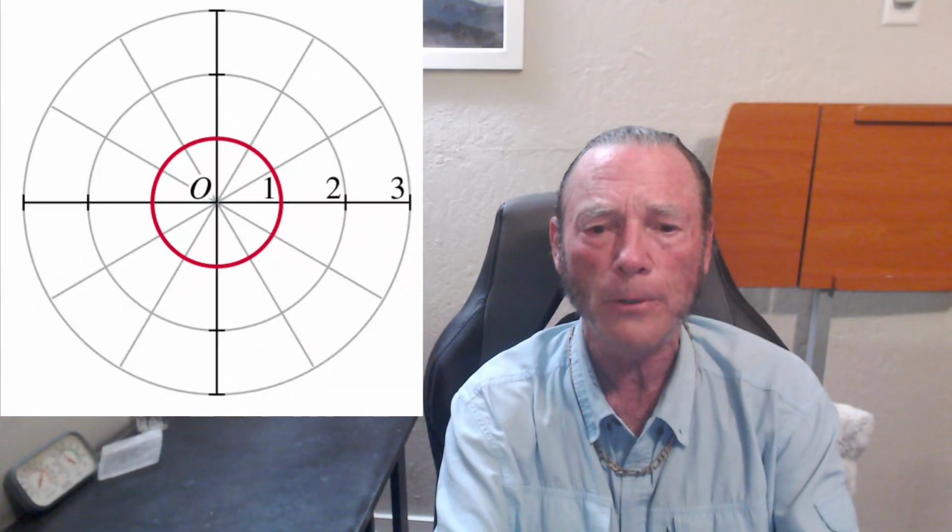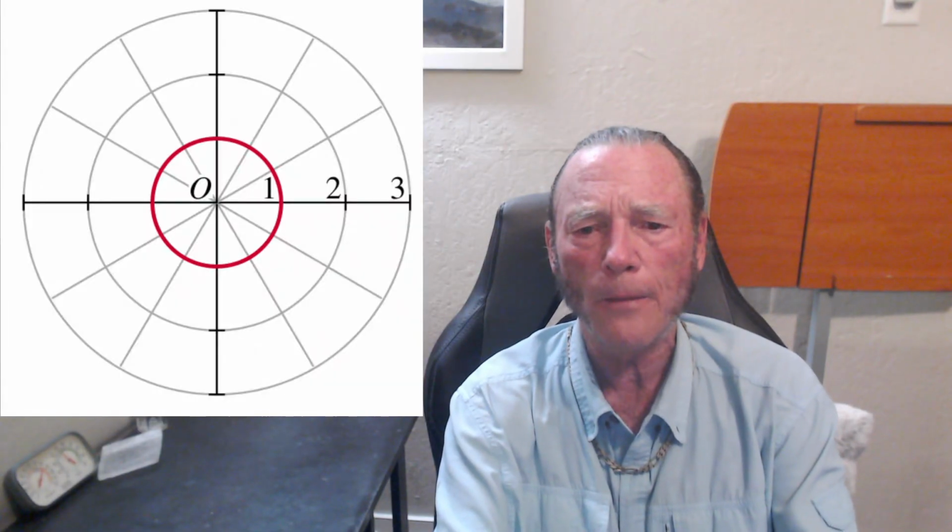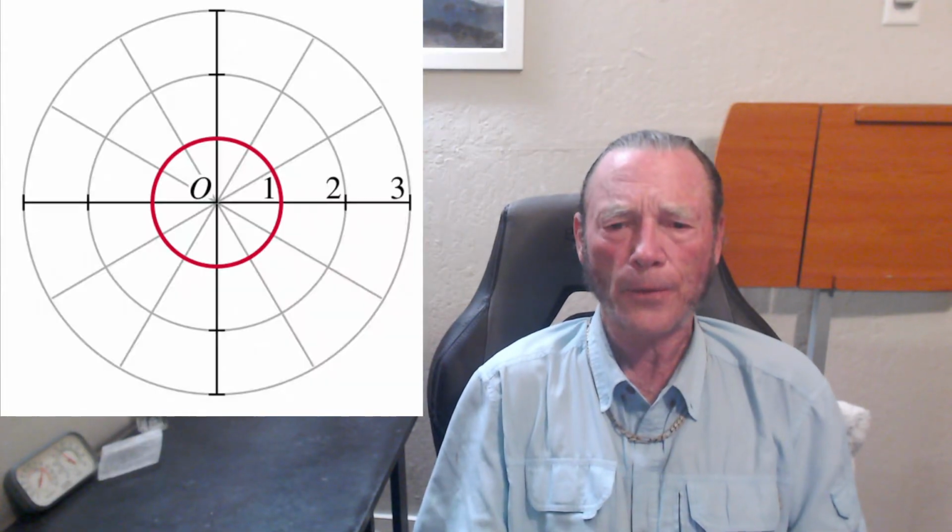We have three concentric circles, with the usual center right there, labeled O for origin, and then we have a metric for the advancing radius, which goes to the first circle 1, the second circle 2, and the third circle 3, the outermost of which has a radius of 3.